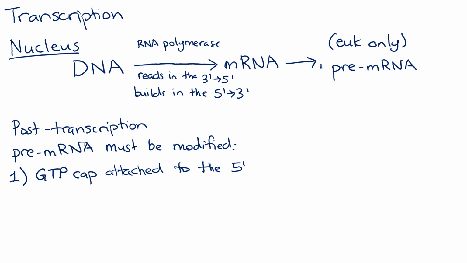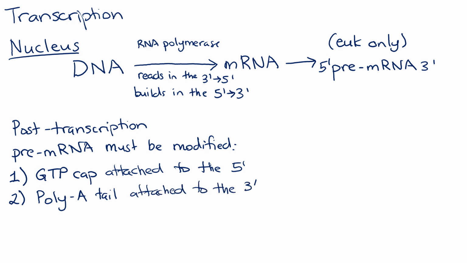And so again, I'm going to label it here, 5', 3'. Then we have the poly A tail, a lot of adenine at the end, just coding for adenine. So the poly A tail is attached to the 3' end. And this happens at the same time here, no true order. And so the third and fourth happen at the same time and are called RNA splicing.